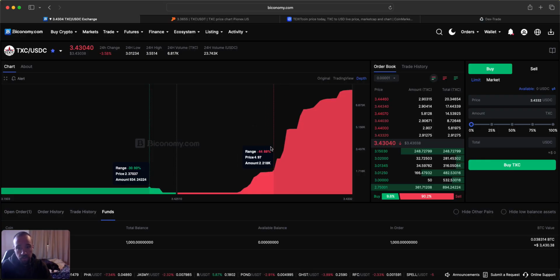This is where $5 starts. So you see all these orders are up in 5, basically meaning there's probably some anticipation that TXC is going to inject liquidity and buy up to 5, and they don't want to miss out, so they just have loads of orders stacked up in the 5.